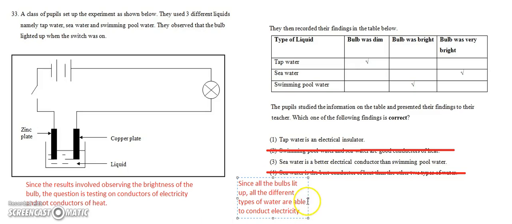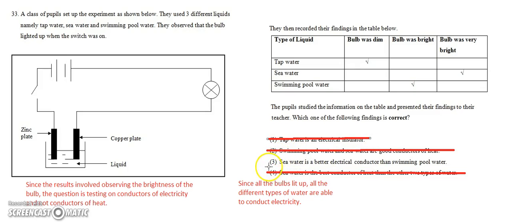So the point here is, if all the types of water cause the bulb to glow or light up in one way or another, it shows that they all conduct electricity. So if all of the water conduct electricity, then option 1 is out, because it is talking about tap water as an electrical insulator, which is not the case. It still conducts electricity, only that it does not conduct it that well.